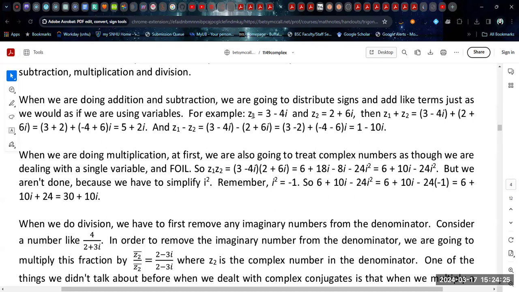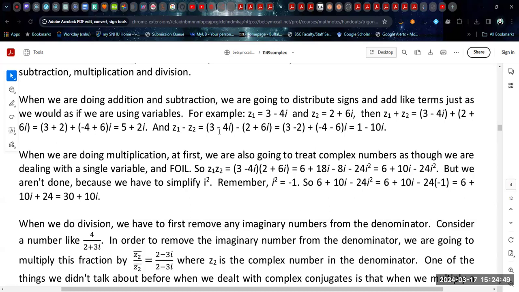So if I add 3 minus 4i to 2 plus 6i, I'm going to add the 3 and the 2, and then I'm going to add the -4 and the 6. 3 and 2 is 5, and -4 and 6 is 2i. Exactly like we would if we were adding 3 minus 4x and 2 plus 6x.